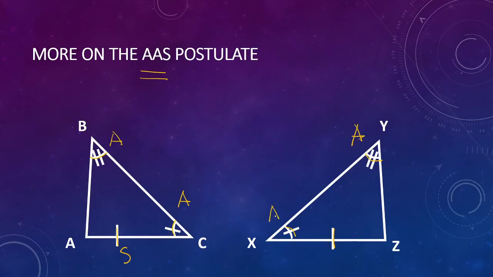Angle, angle, side. Okay? What we should remember when it comes to AAS is opposite. The congruent side must be opposite the angle. Because if I'm gonna have this side here, that's angle, side, angle now.